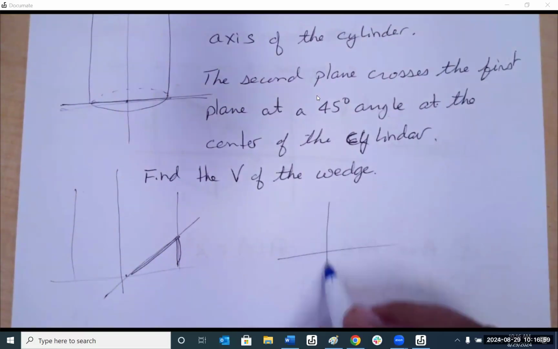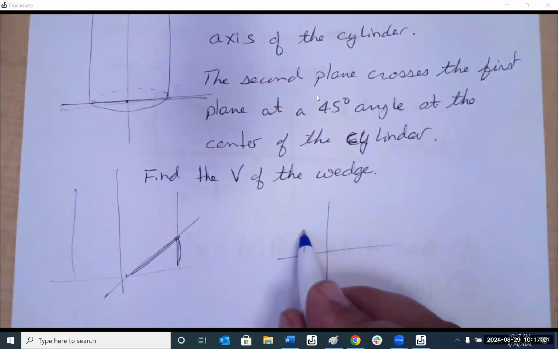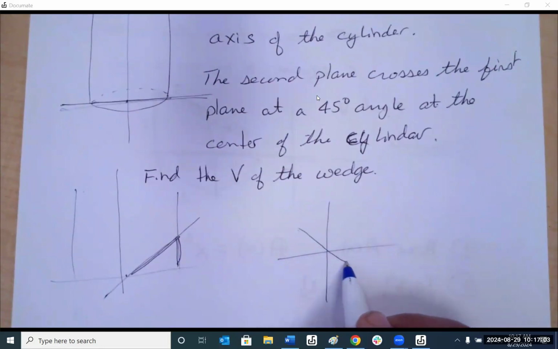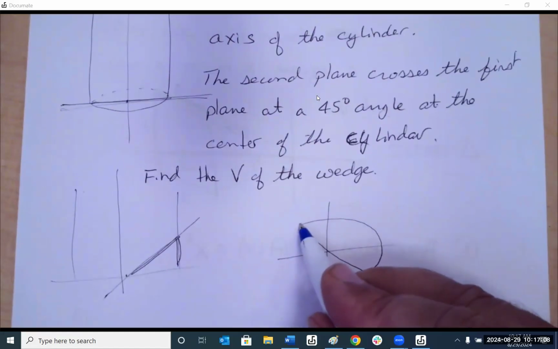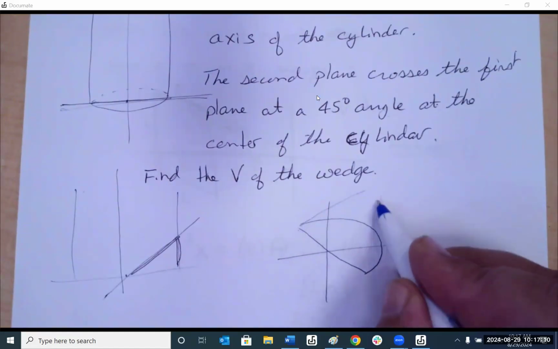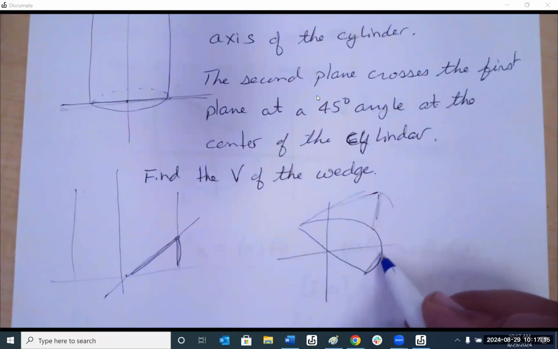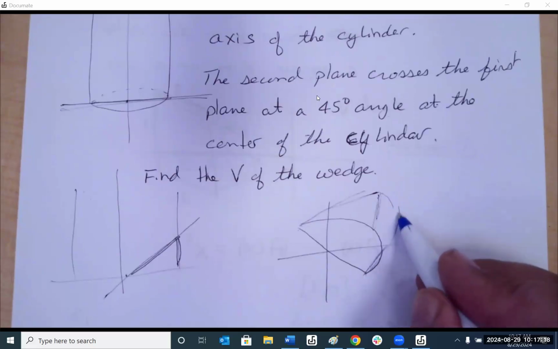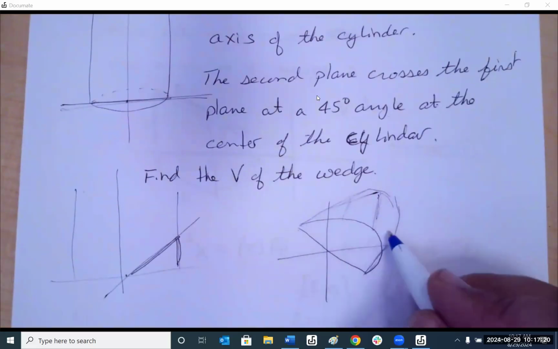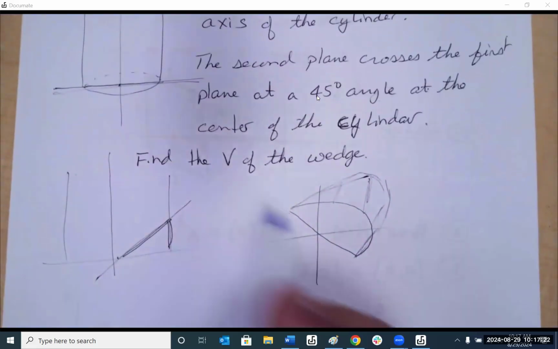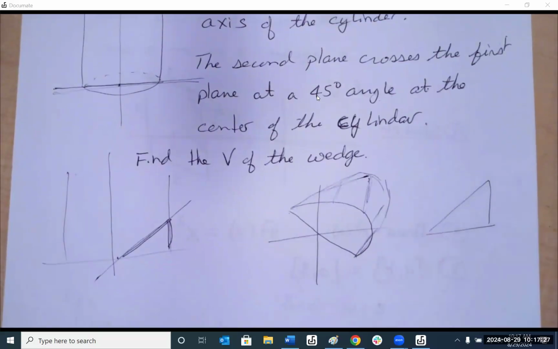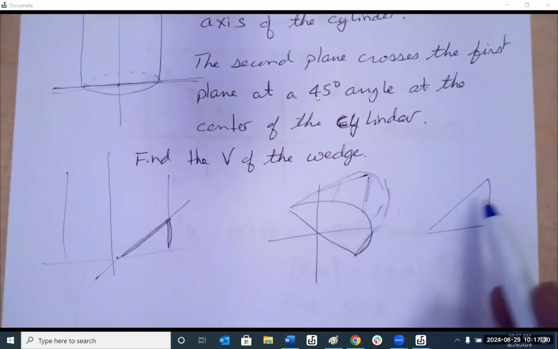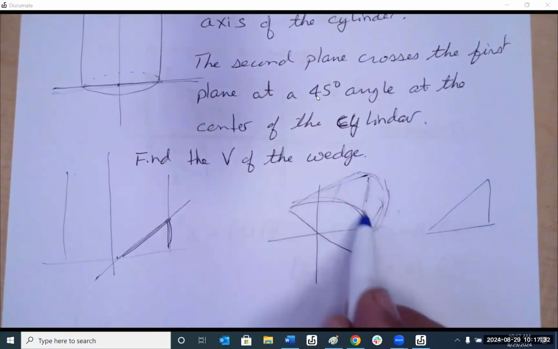It's going to look like that. It's a triangle from the side, but it's arched.